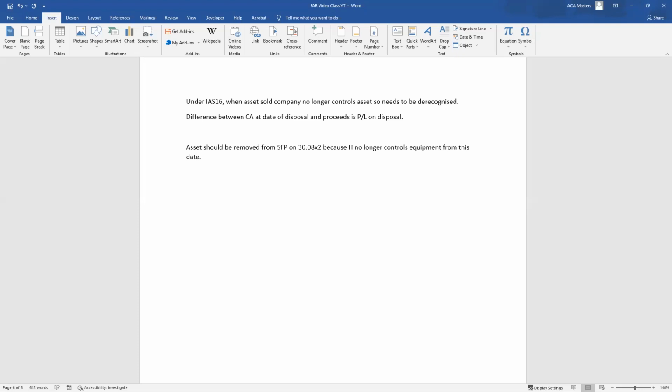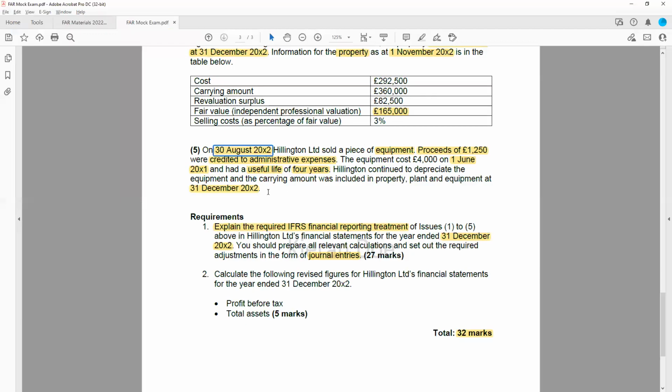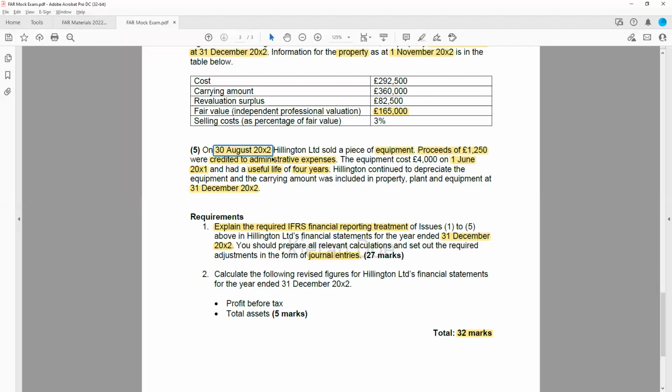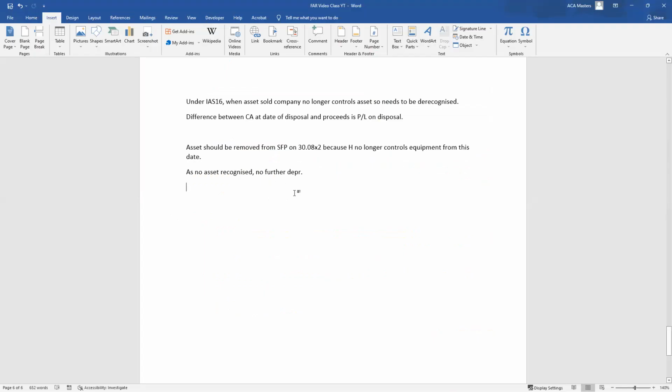So that's quite straightforward. So we could say as well, no asset recognized, no further depreciation. So that's the other issue we've got. They haven't dealt with the profit or loss on disposal correctly, but it sounds as though they have continued to depreciate the asset. So then maybe we can start thinking about the numbers.